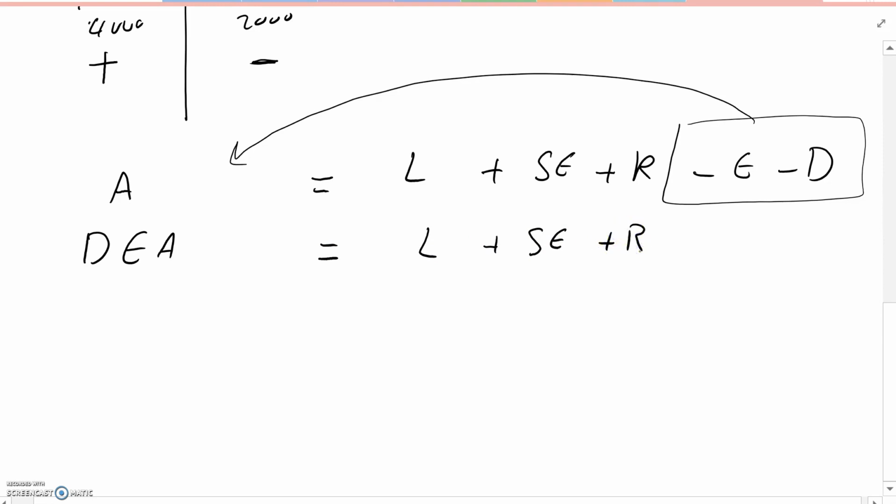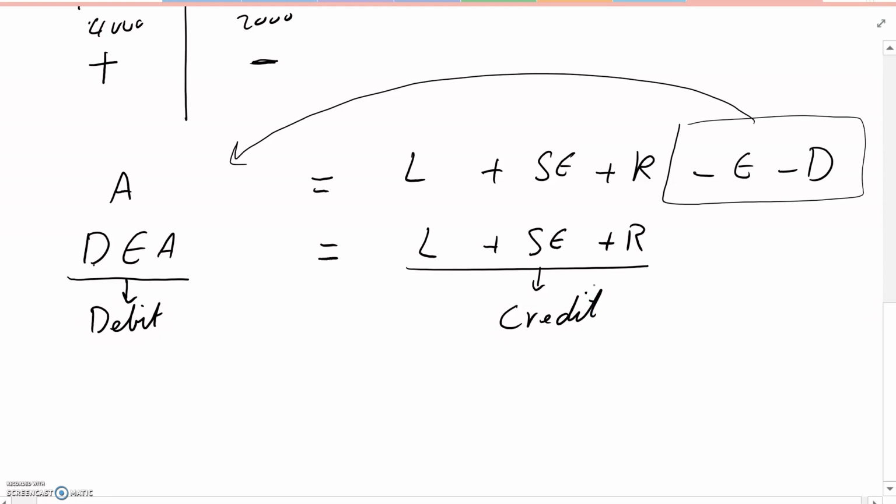So now we can say that this category, which has the D, which is dividends, expenses, and assets, is on the left-hand side of the equation, and the liabilities, shareholders' equity, and revenue are on the right-hand side of the equation. So we call the left-hand side in accounting the debit side, and the right-hand side, we call the credit side.